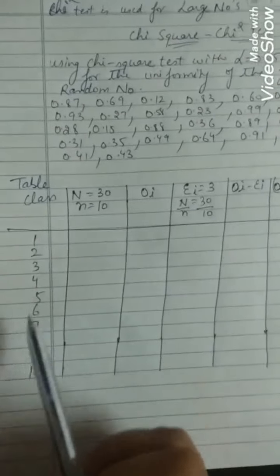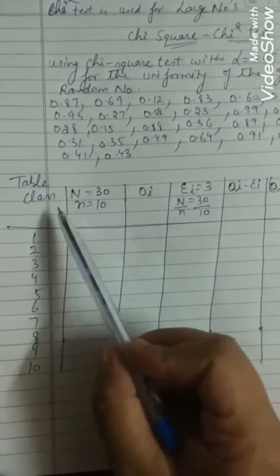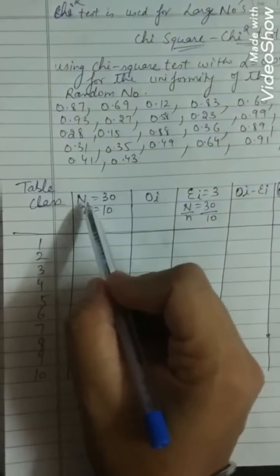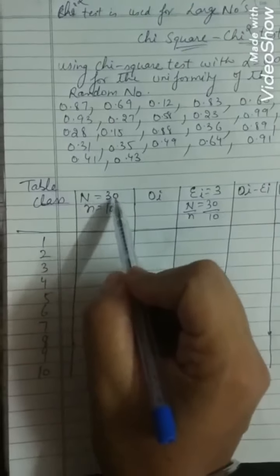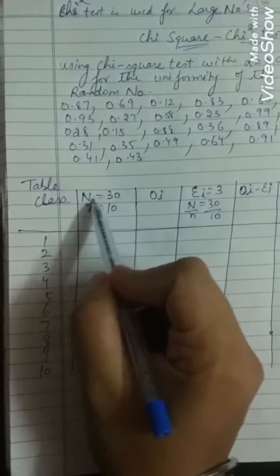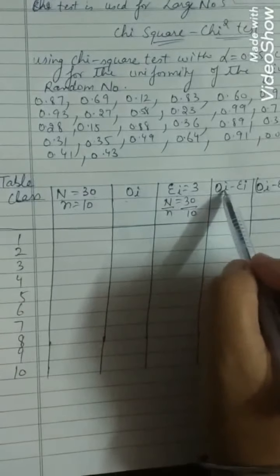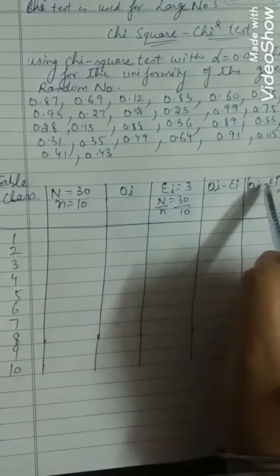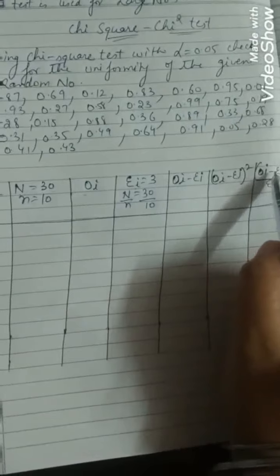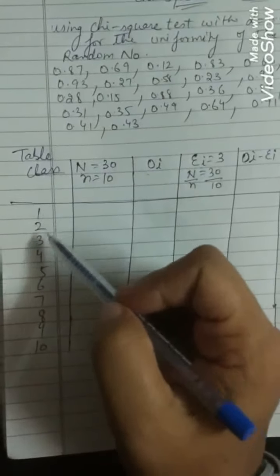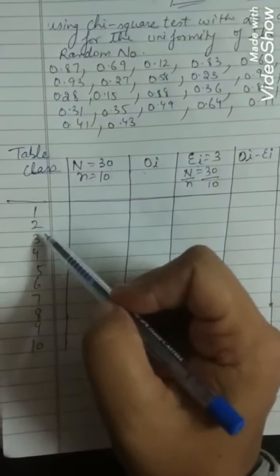First of all, we create a table. The columns are class, n, Oi, Ei, (Oi minus Ei)², and (Oi minus Ei)² divided by Ei. We have divided the numbers into a total of 10 classes.